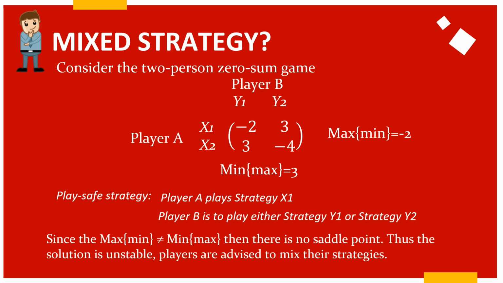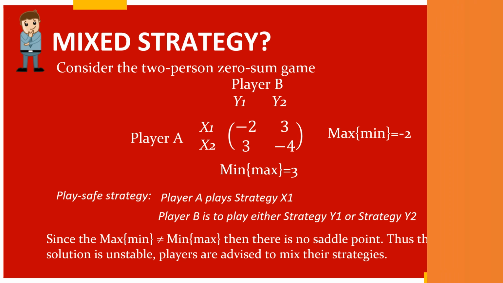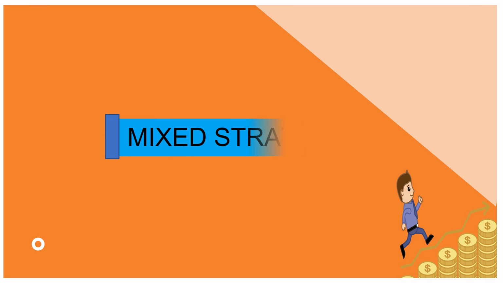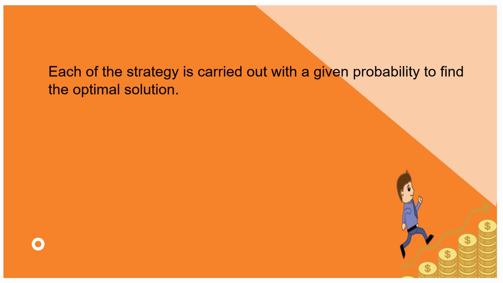In the case where no stable solution exists, a mixed strategy is used. So a mixed strategy is used in which each of the strategies is carried out with a given probability to find the optimal solution.